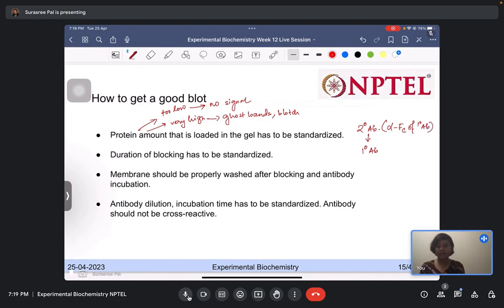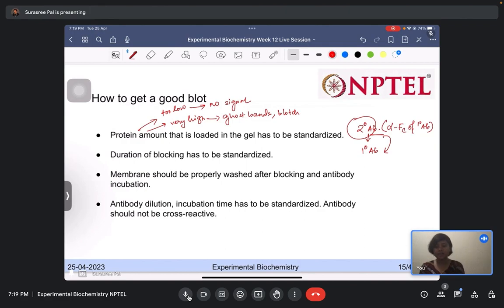It should only detect the constant region of the primary antibody and nothing else. If it detects other proteins on the blot, on the membrane, then it will give signals which we are not expecting, right? So we only want the secondary antibody to bind to the primary antibody constant region and not cross react anywhere else on the blot.